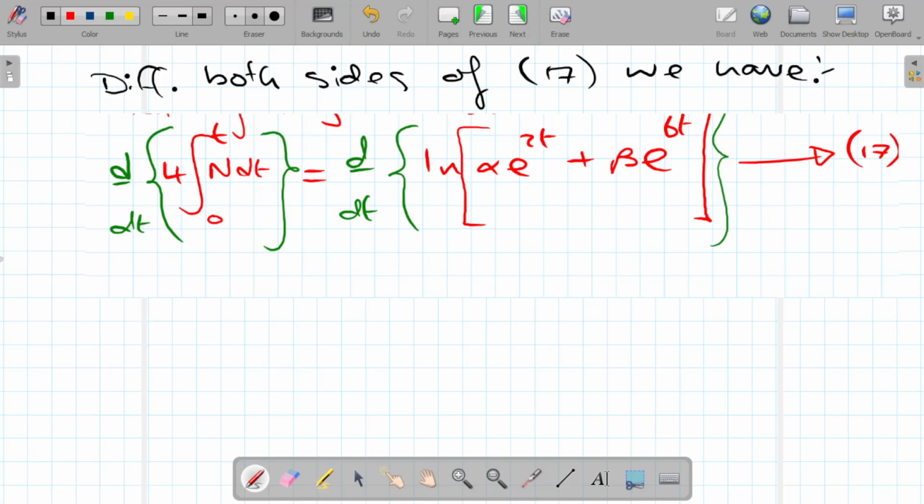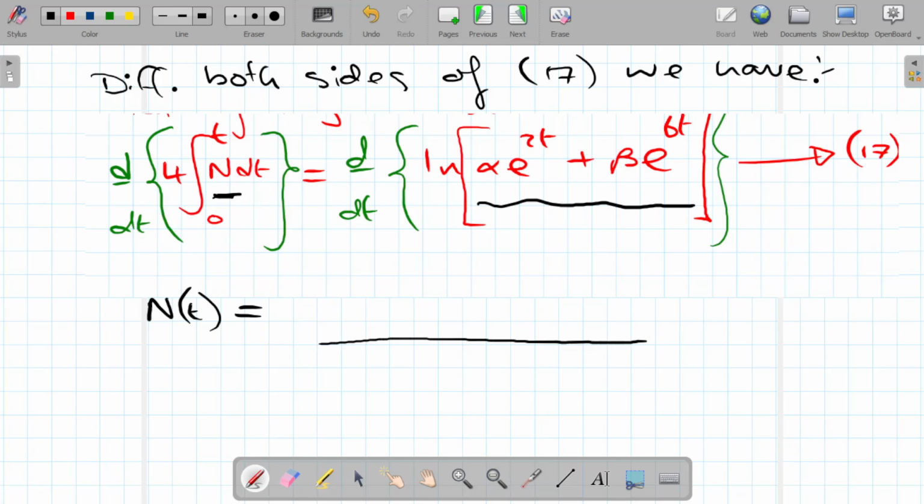If you differentiate an integral, you just get whatever is in the integral, which is n. So we've got n of t, because it's a function of t, is equal to, well, when you differentiate a logarithm, whatever is inside the logarithm goes on the bottom of what is now a fraction.